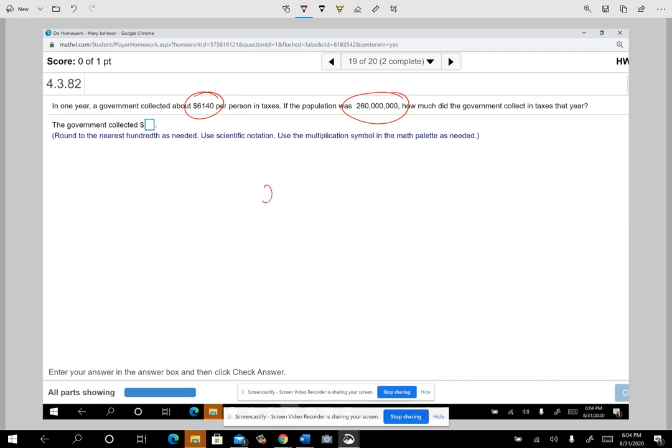So take your 260 million people, and then multiply that by 6,140. If you want to just do that on your calculator, you can, because your calculator can handle that. But this is what I wanted to tell you: you would multiply and then change to scientific notation.